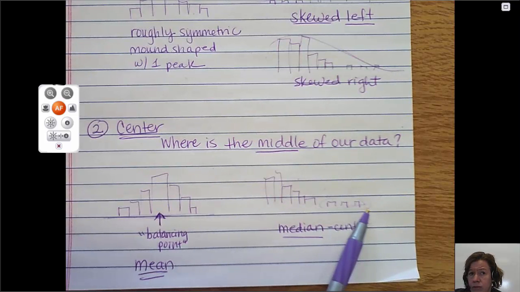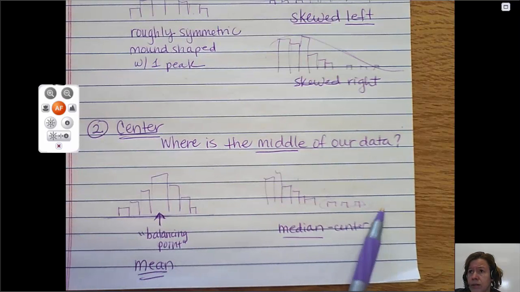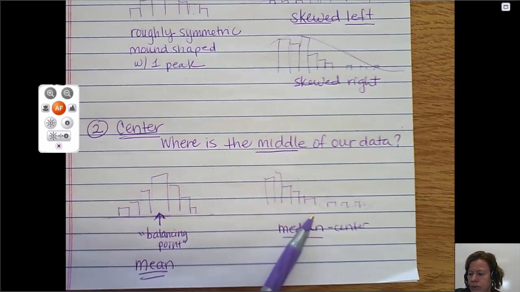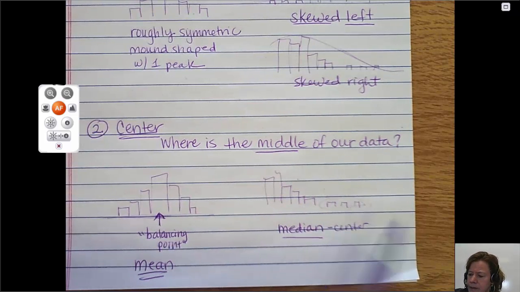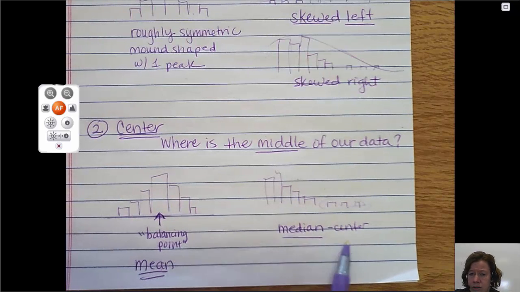And if we took the average of all of your ages and mine, by adding my age in and dividing by however many people in class, that would pull the mean higher because there's skew to the right with my age. So when we're talking about center of data, we want symmetric data, and that's when we talk about mean. But if we have skewed data, we need to talk about median as a measure of center.